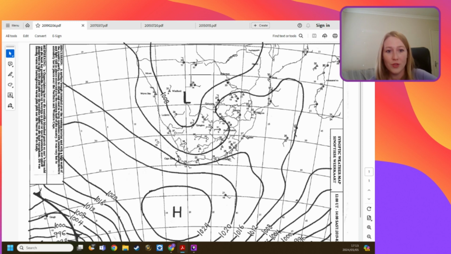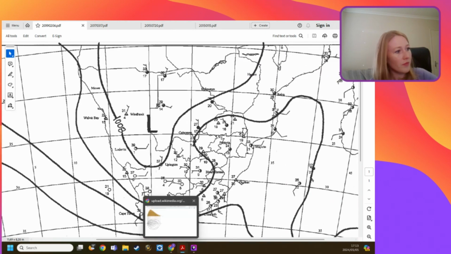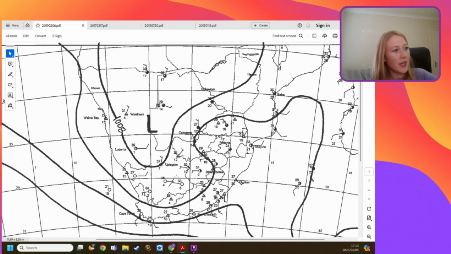The wind blows slowly. You can see, if we look at the station models, we have anything from 5 to 10 knots. So not strong wind.